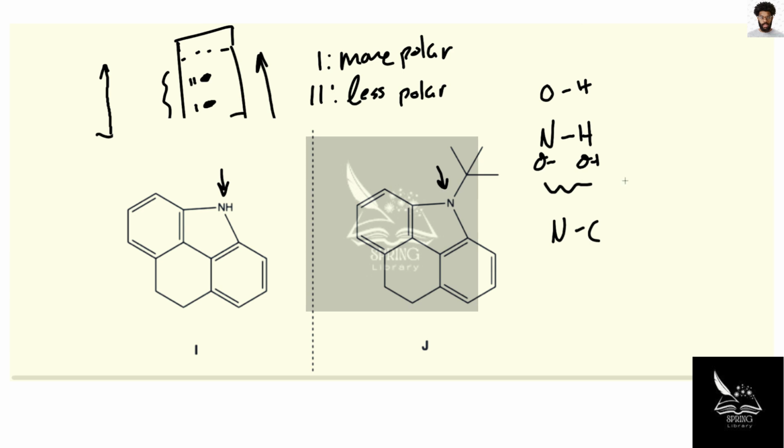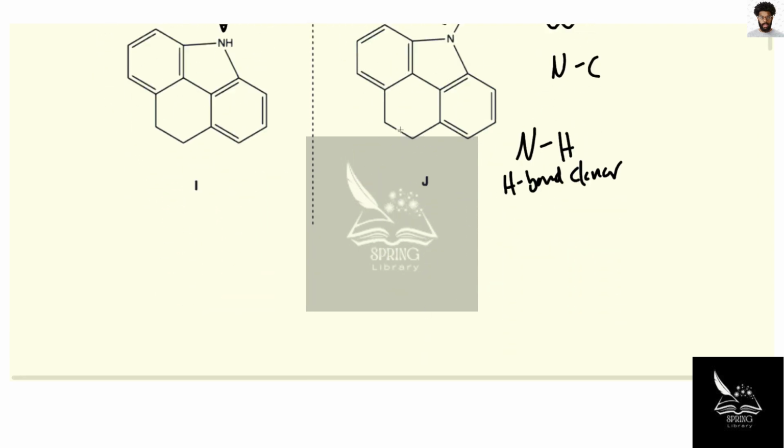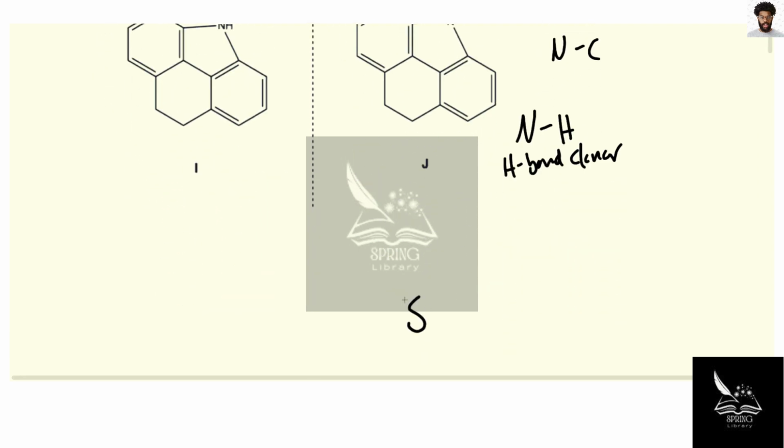Also recall that nitrogen-hydrogen bonds are capable of hydrogen bonding. Nitrogen-hydrogen is an NH is an H bond donor, right? And part of the polarity of the plate, that surface of the plate is covered in silicon dioxide dangling bonds, right?